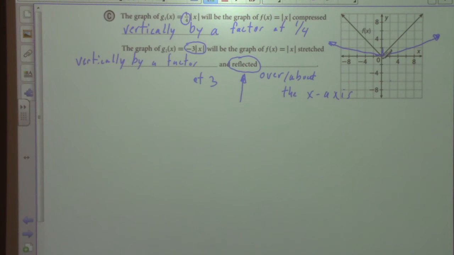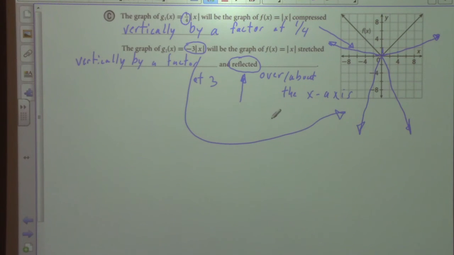So this one's going to be like this, and that'll be this one here, and this one here will be this one up here. What we're trying to do is to be able to do these with a calculator and then use your calculator to check. Do you have any questions about these? Good. You guys are making some good inferences.